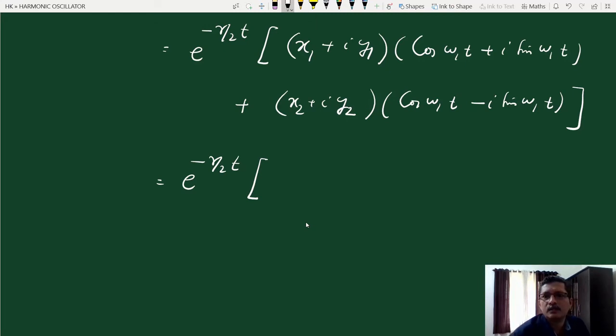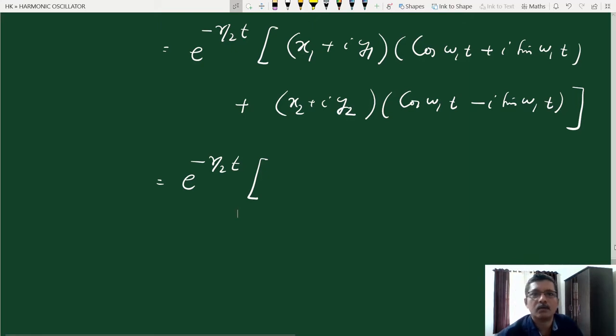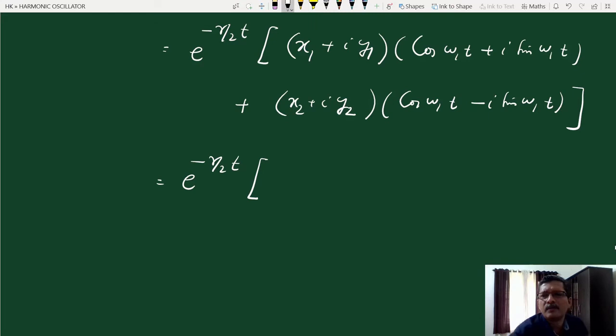Okay, so let us look at this. First you multiply all the terms with x1 and then y1. You have 4 terms. Let me try to simplify this. So x1 times cos omega 1t is there, and you have x2 times cos omega 1t. From both, if you take cos omega 1t outside, you will get x1 plus x2 into cos omega 1t. You have a term like this.